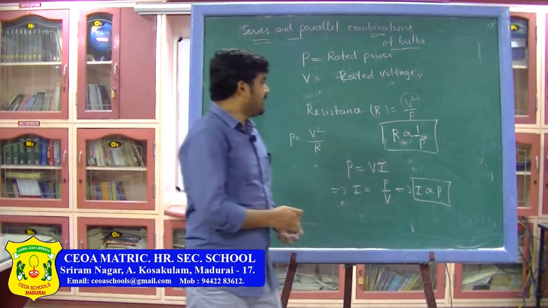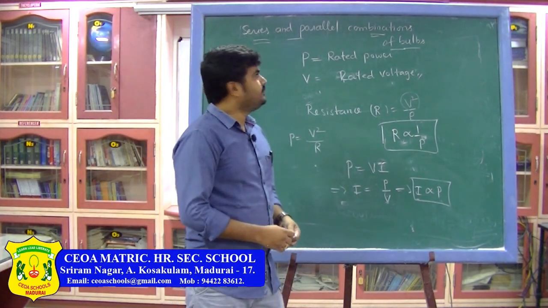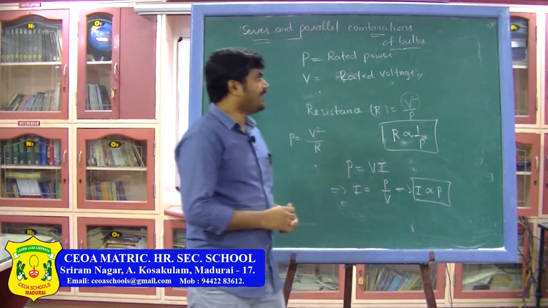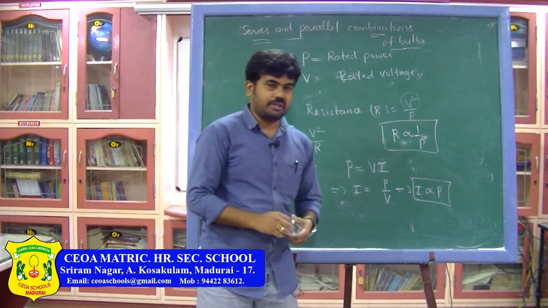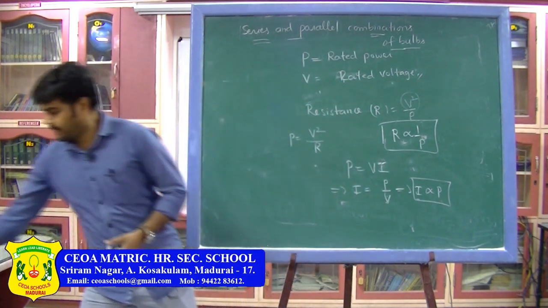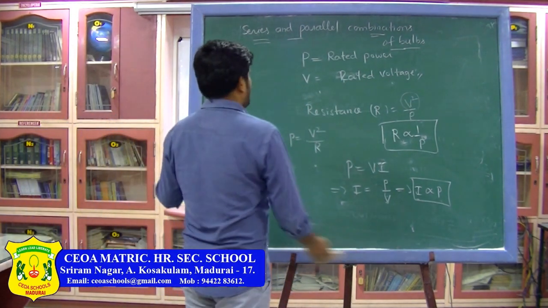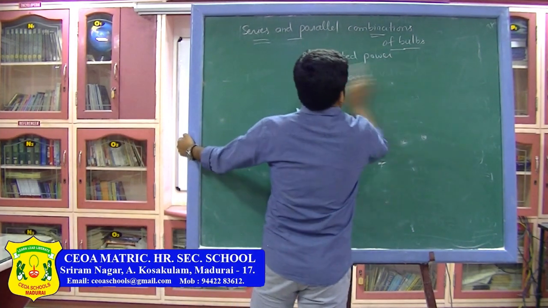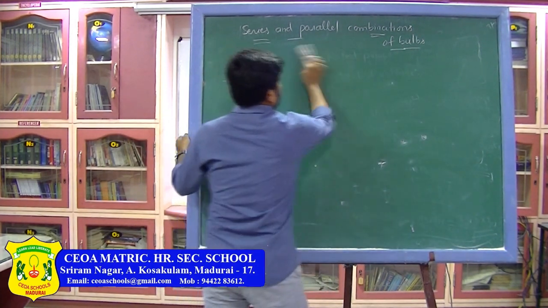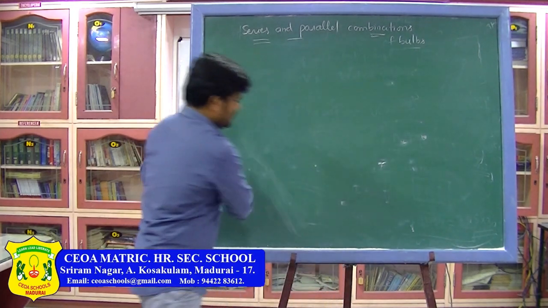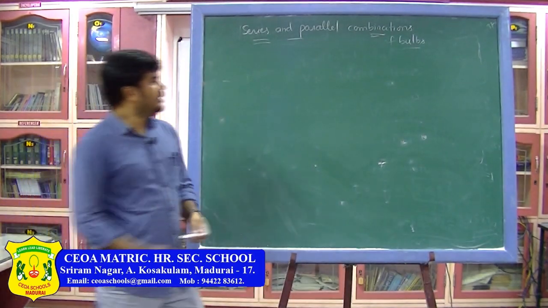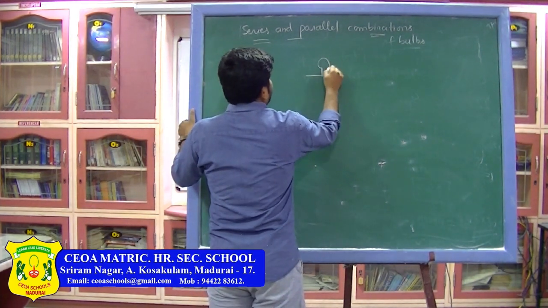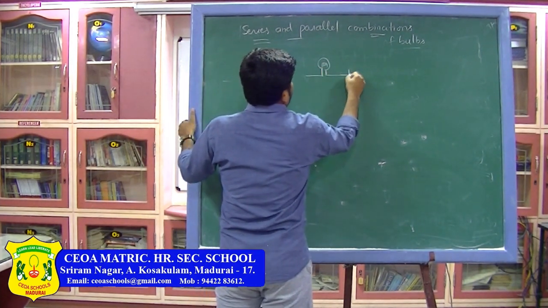Now let us see what is a series and parallel combination of bulbs and how to calculate the equivalent power of the combinations. Let us consider two bulbs which are connected in series.